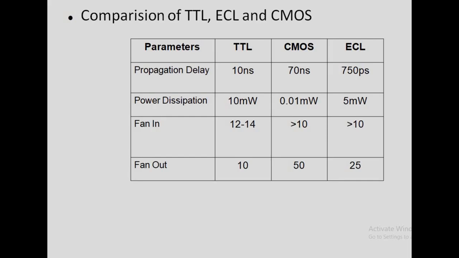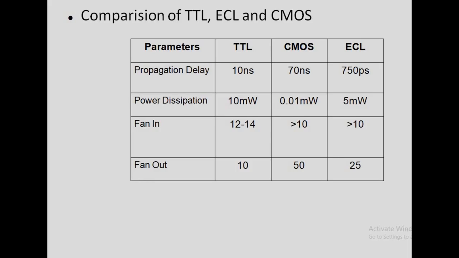Now comes the comparison of these three families. So there are some parameters depending on which I made the comparison. So propagation delay for TTL family is 10 nanoseconds, for CMOS 70 nanoseconds, and for ECL 750 picoseconds.